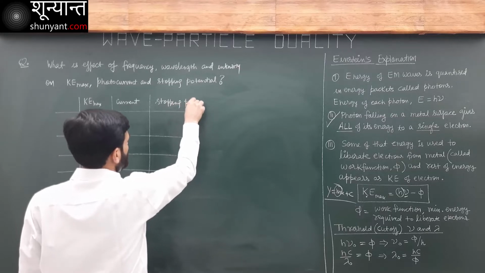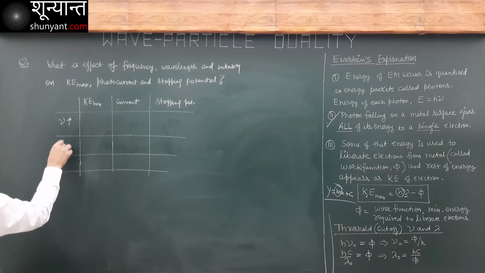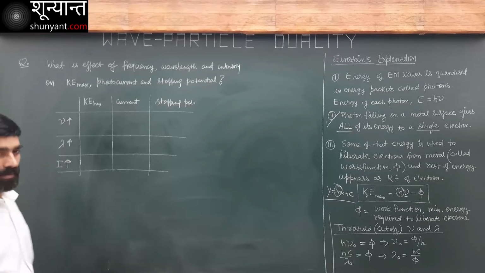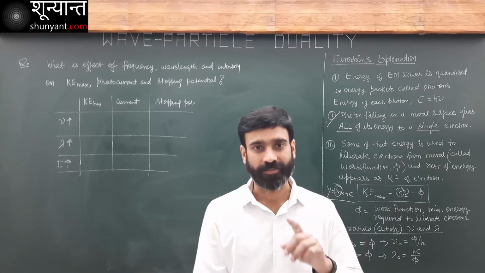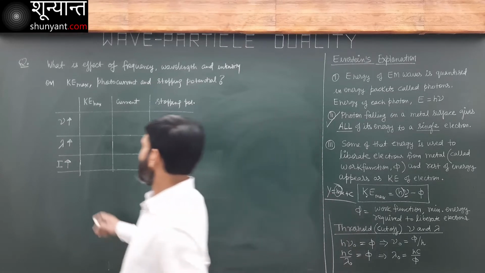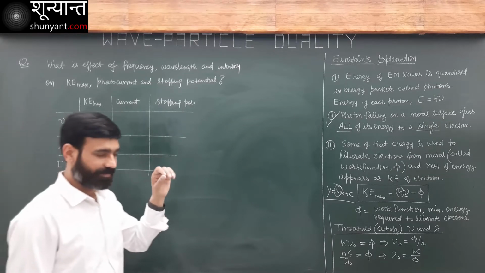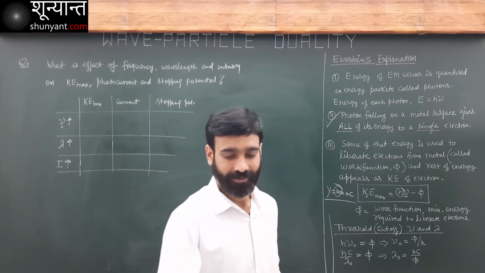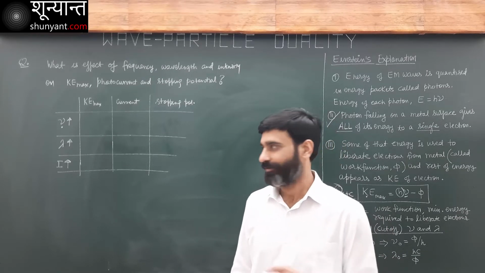If frequency is increased, wavelength is increased, and intensity is increased, you just have to find the effect, whether it is going to increase or decrease or remain constant. You should stop the video now and try to get this answer on your own. We are going to discuss it now.